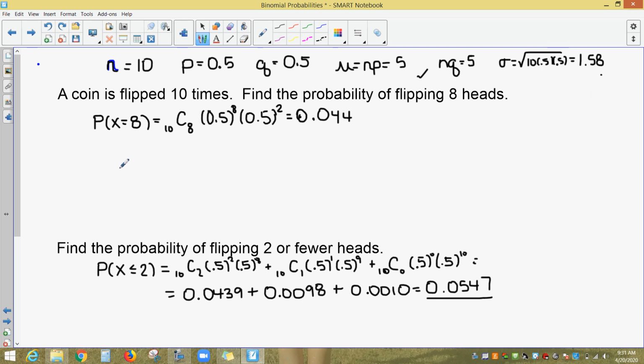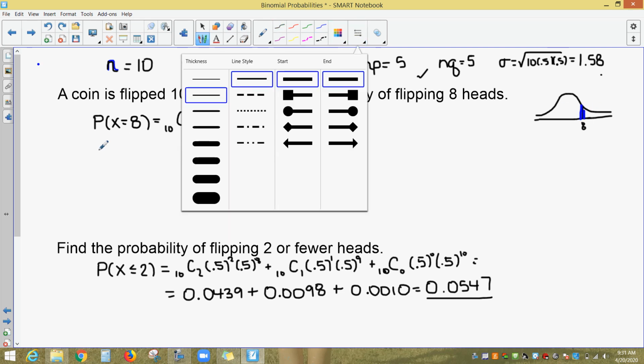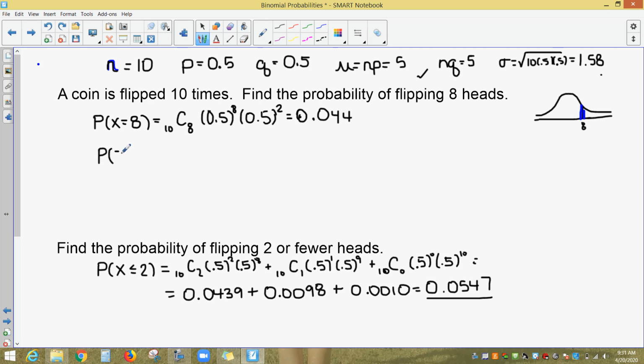Now, if we're going to do the normal approximation to the binomial, we said the area under a single point is 0. The area under just the number 8 is going to be equal to 0. But if I need to make that area half a unit wider on each side, what that means when we're using the normal approximation is that we have to figure out the probability that x is between 7.5 and 8.5.